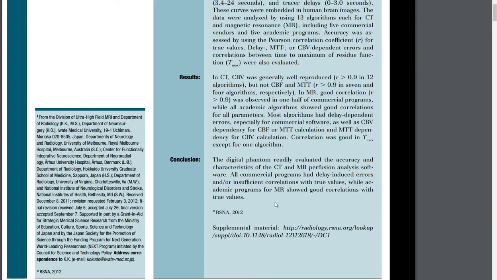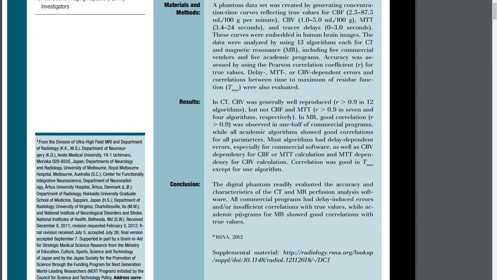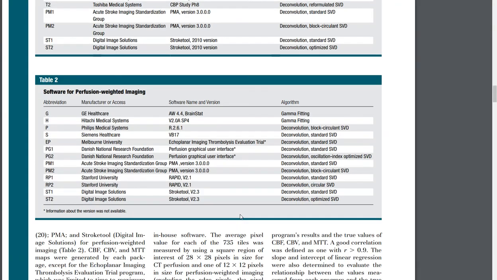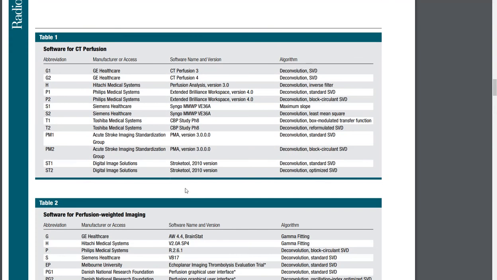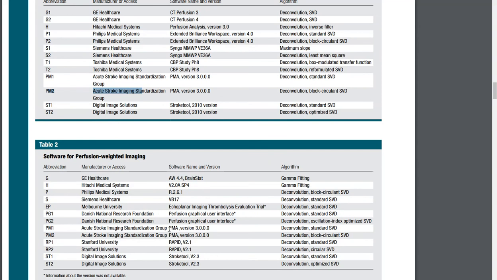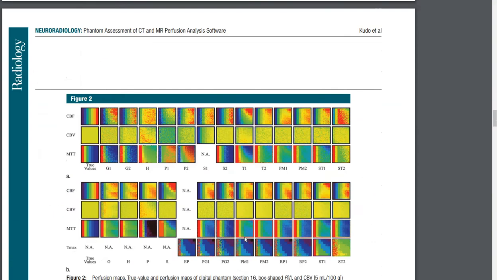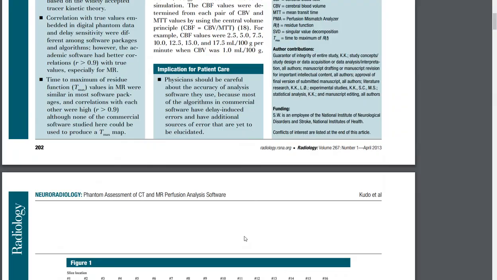So basically, they suck. Anything before 2012 is not very useful. They evaluated the following software. The only better ones are T2, this one, and the NPM2. And then the RAPID software was in there too, still not a good result.